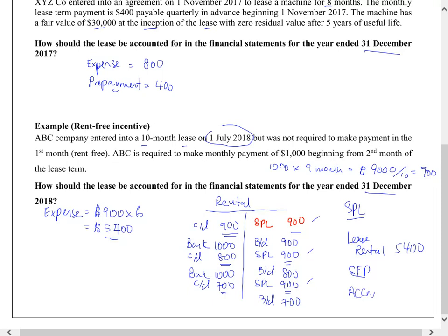Accrual. How much will I owe in accrual? July 900, August 800, September, October, November, December 400.